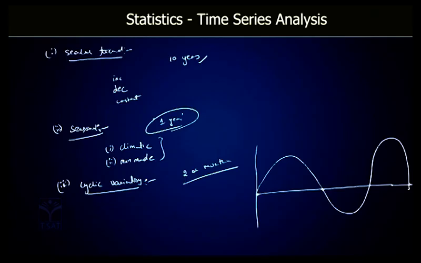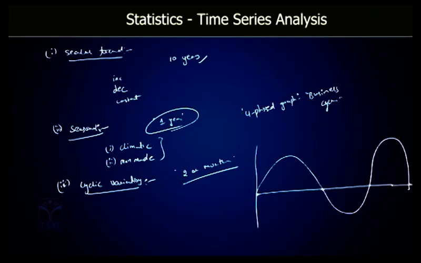Usually we call this graph a four-phased graph, or we can also call it the business cycle. Usually this cycle will repeat within a time interval of 2 or more years.